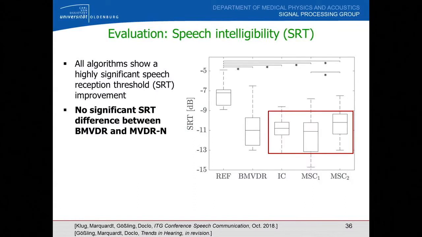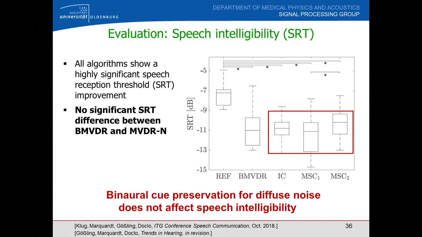And all our mixing schemes are pretty much the same. There's no statistically significant difference in the SRT between all of these schemes. So basically we didn't change the SRT. It could even have improved theoretically, but it didn't change the SRT while still improving very much the spatial quality of this scheme.